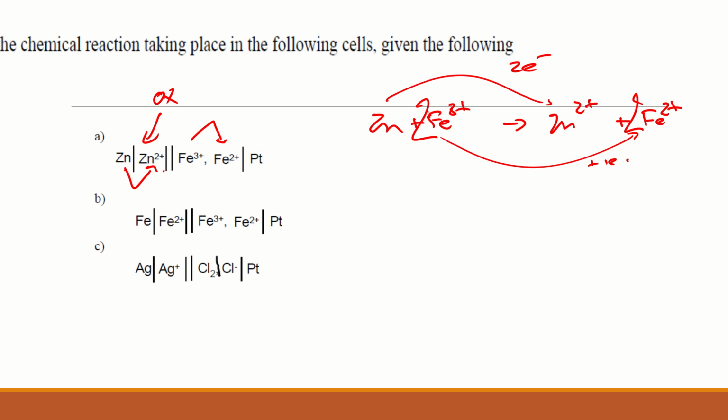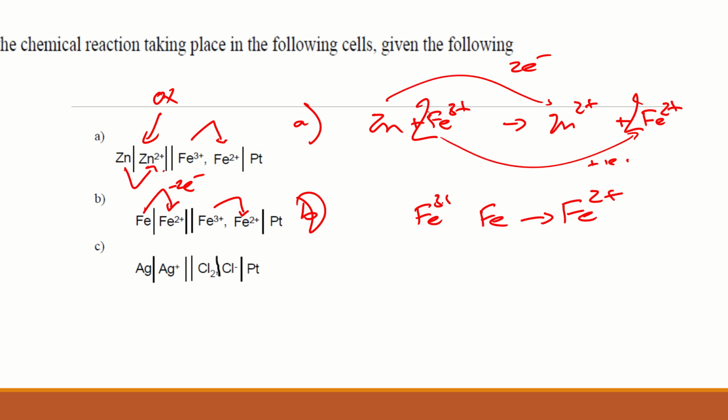Let's go down to the next one. B then, my oxidation is iron 2 going to iron 3, so put my arrow in. Let's put iron going to iron 2, not iron 2 to iron 3. Remember that involves the loss of 2 electrons, and then here iron 3 is going to iron 2 as well.